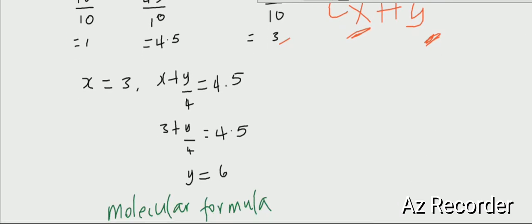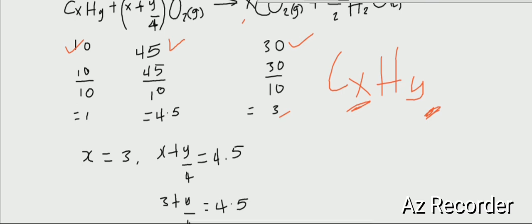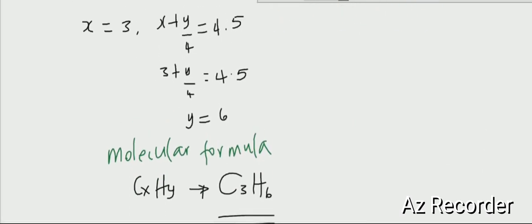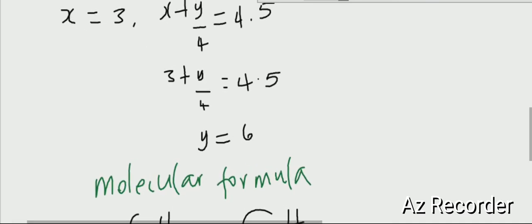Then, to get the value of y, we go to the reactant side of oxygen, which is (x + y/4) moles of oxygen. So, x + y/4 is equal to the moles that we have obtained, 4.5. Value of x, we have it. So, we say 3 + y/4 is equal to 4.5. When you solve carefully, value of y you will get 6.